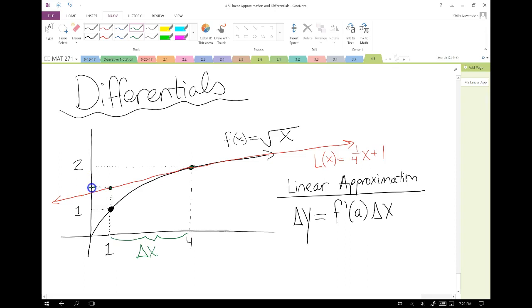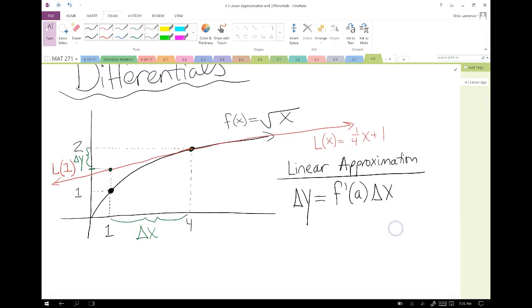So whatever this is right here, I'm going to call it L of 1. It is our linear approximation at 1. This distance right here is delta y. So what a differential does is it wants to know how the value is actually changing on the function.